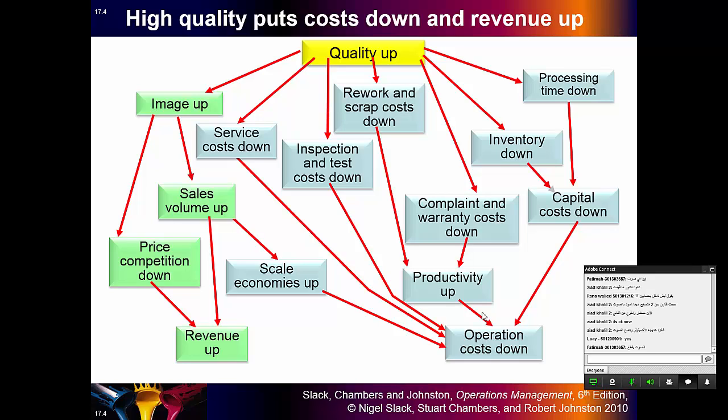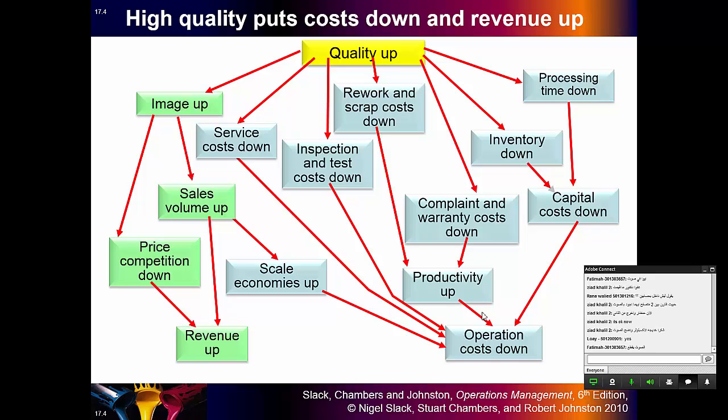Okay, so here in this path, as you can see, when the organization increases the quality, in some parts of the business the service cost or the production cost will go down. And when the production costs go down, then all the operation costs go down also.